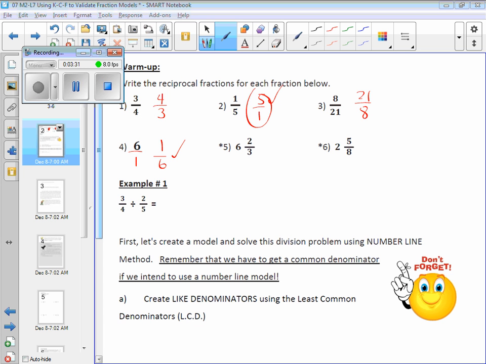Now I bring this up. Some of you got this right away, and period 5, they were able to do it. I was kind of impressed. Is that right? No, it's not. What do you have to do first? Emma. All right, you have to change it to an improper fraction first.